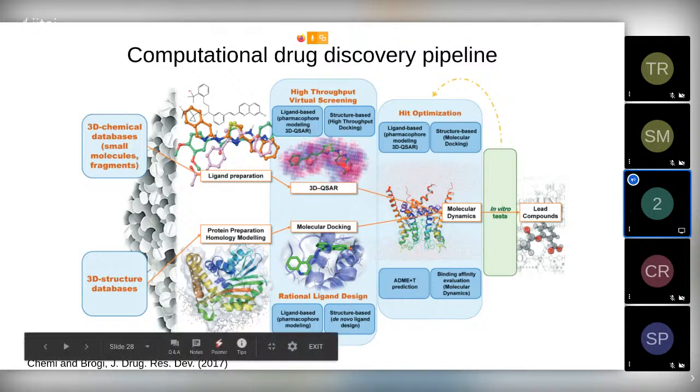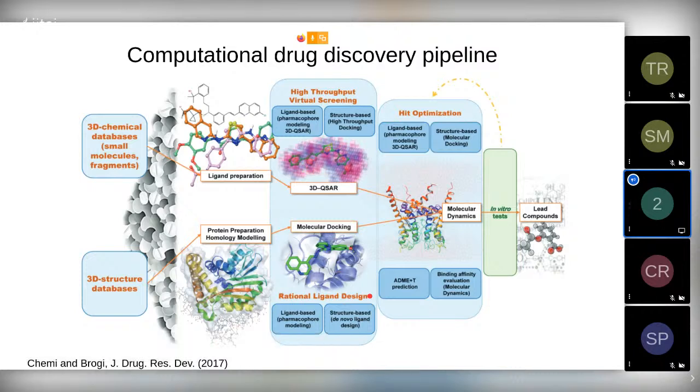Taking these two things, a high throughput virtual screening is performed where, without doing any molecular dynamics simulations, we just consider a steric fitting of the drug molecule into the binding pocket of the protein to find out how efficiently the binding occurs, or get a rough idea about which molecules can bind.